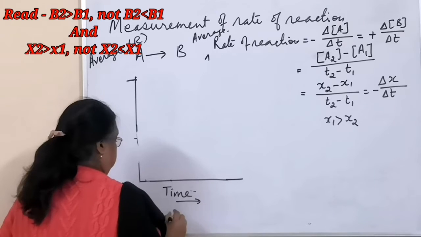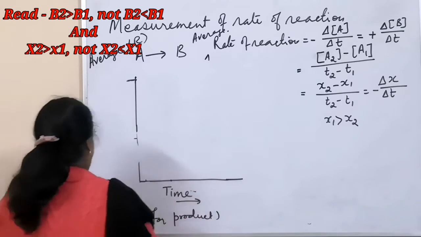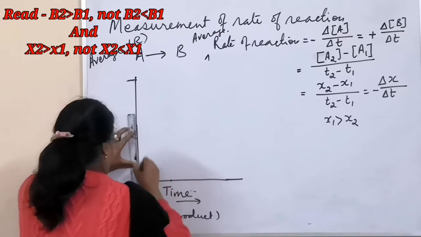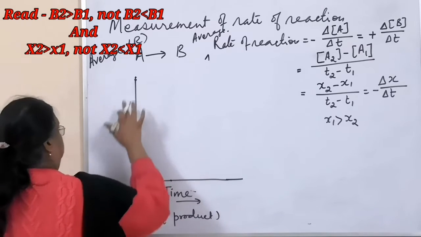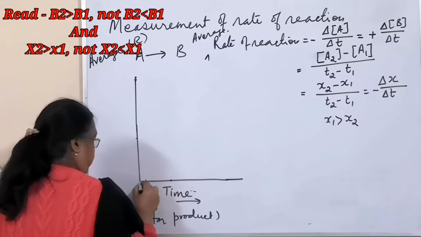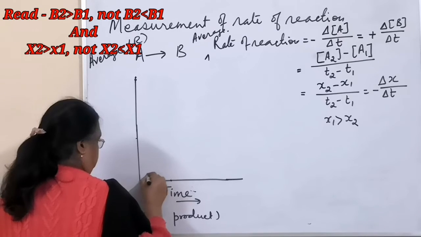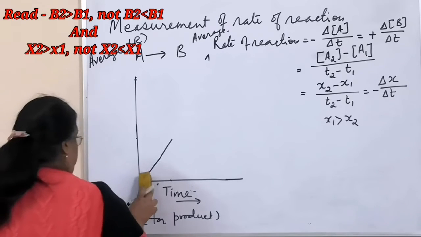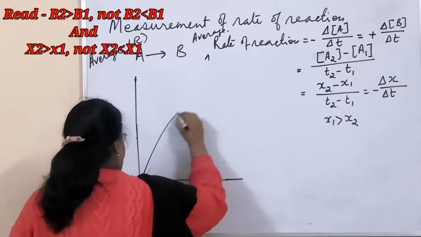For product, if I take the concentration of the product, the concentration of the product when the reaction is started will be 0, and then this concentration will start increasing. Actually this curve is obtained this way.